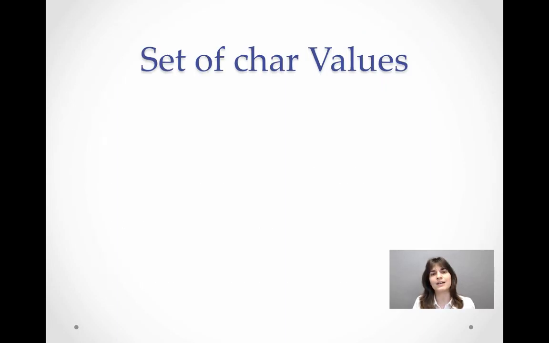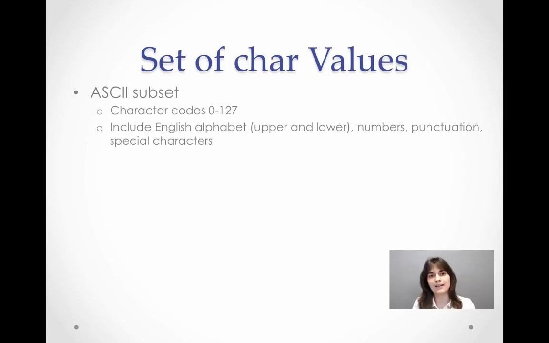You may be wondering, why do we need these extensions, and what kind of values can we actually represent with these sets? With the ASCII subset, we have the values from 0 to 127, and these include pretty much the English alphabet, the numbers, the punctuation, and some special characters. We would say the bare bones of what is needed.